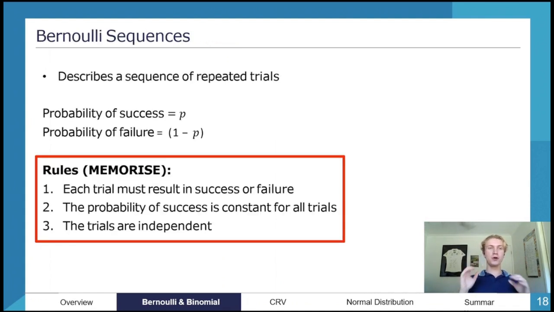Bernoulli sequences. So we've talked about discrete values. We've talked about continuous. We've talked about how to find the means and the standard deviations via the variances. And I've also described how you would find the probability for each of those.